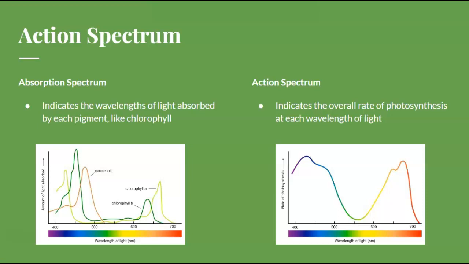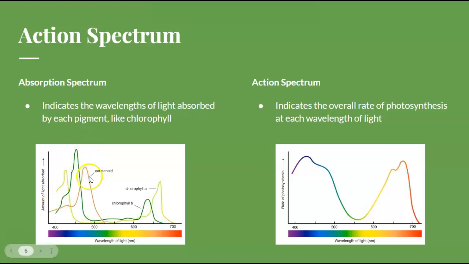Now, action spectrum and absorption spectrum. So this is talking about where light can be absorbed by each pigment and then the overall rate of photosynthesis. So when we're talking about the absorption spectrum, I had mentioned that blue is the best, and you can see that right here, that we have the best absorption happening.